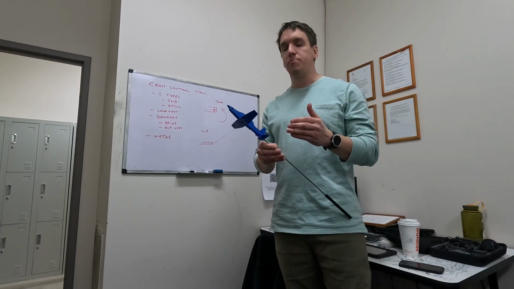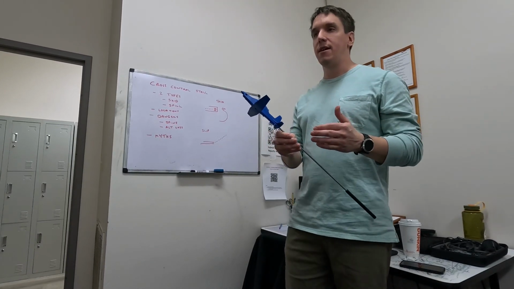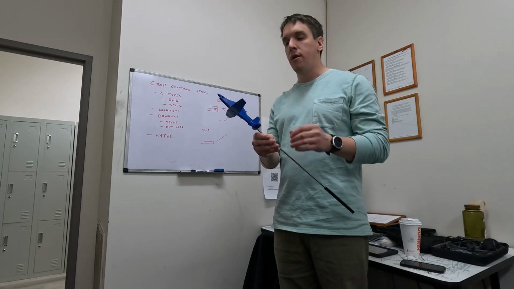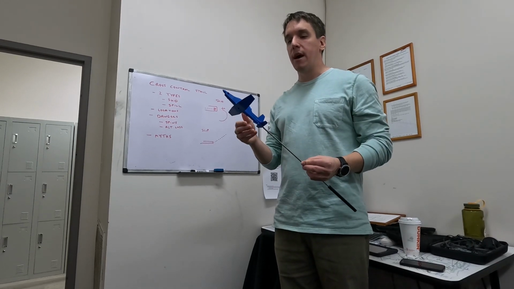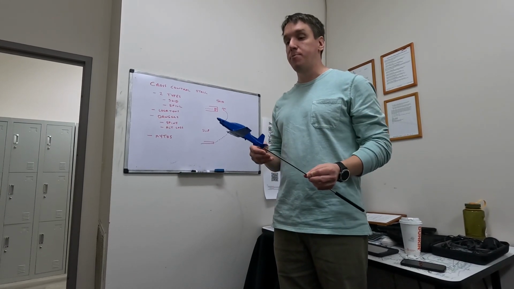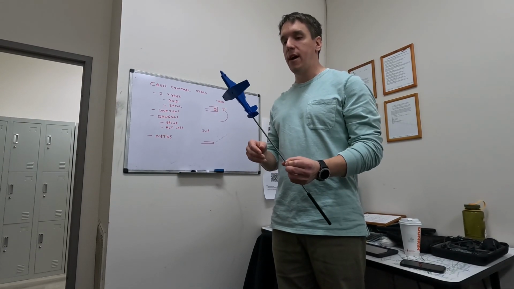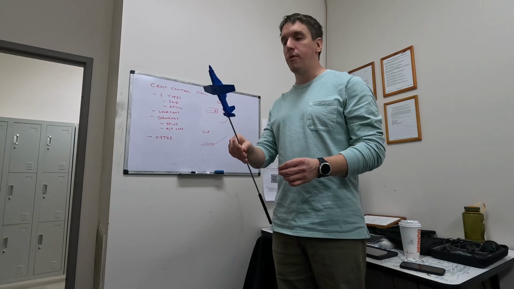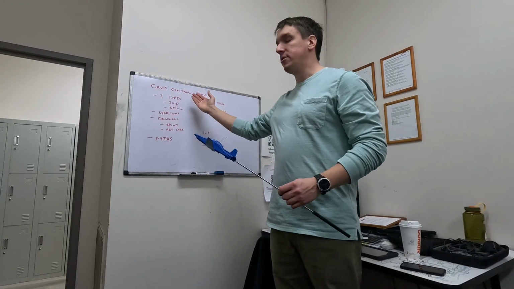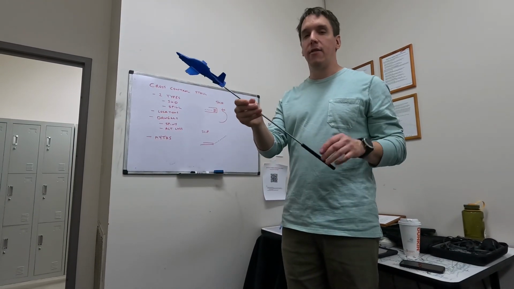The reason we can remember that a spin is an asymmetric stall is that for spin entries, we start with a stall, and then we apply a rudder input, which emulates our cross control, and that allows us to spin.